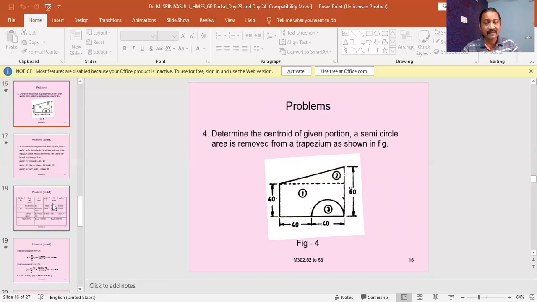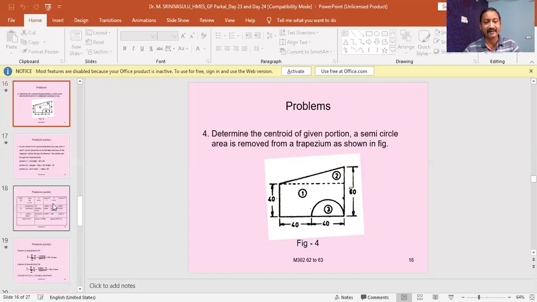Here the total trapezium is the rectangle 1 and triangle 2, and from that we have to remove the semicircle 3. So we add 1 and 2, and subtract 3: 1 plus 2 minus 3. In this way we can get the answer for the question.